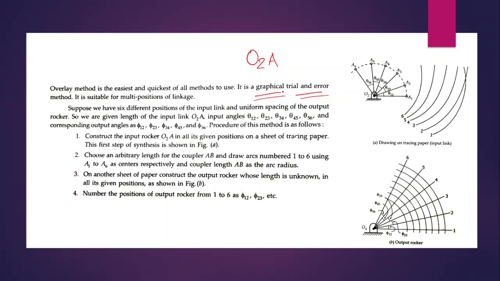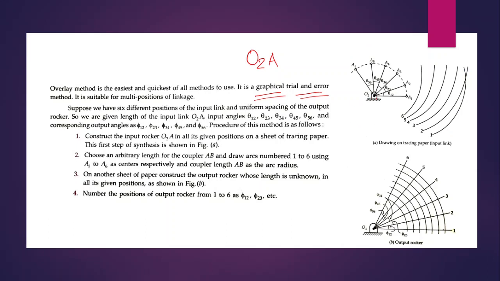Actually, this is a trial and error method, or also a graphical method, in which the input crank positions are constructed on a sheet of tracing paper. This first step of synthesis is shown in figure A.